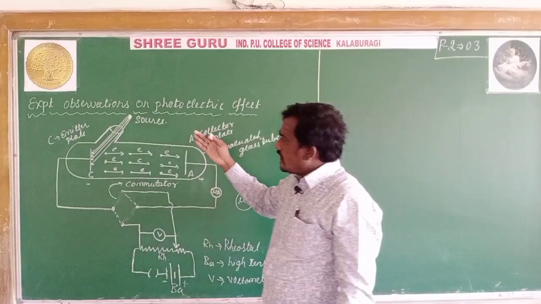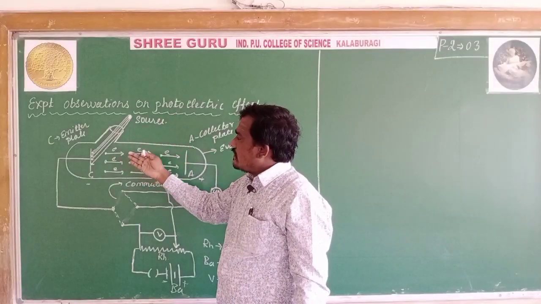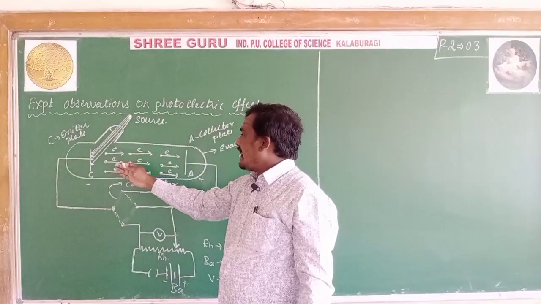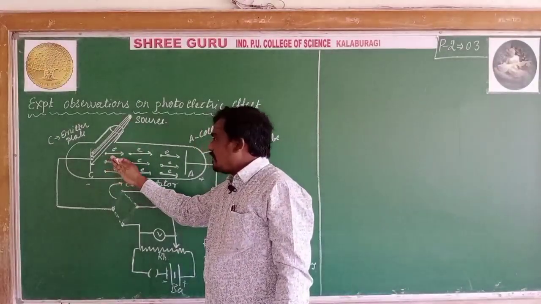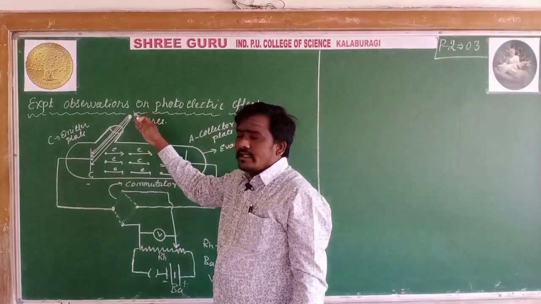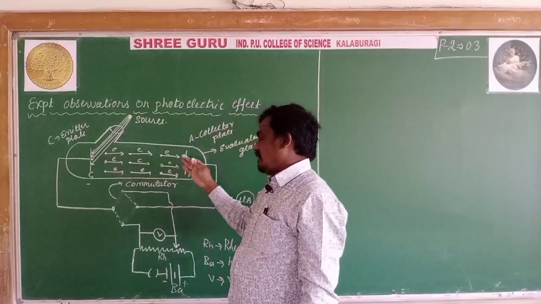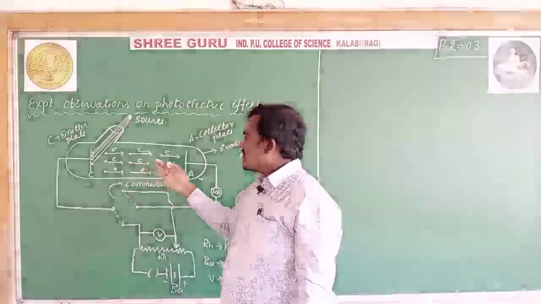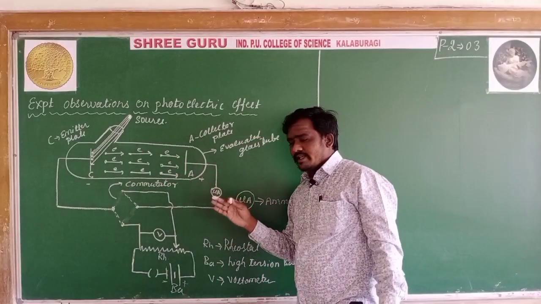If the intensity of light is less, the electron emission is also less. More intensity means more emission of electrons. And if we decrease the frequency, the electron emission also decreases. These types of things we'll discuss in this lecture.